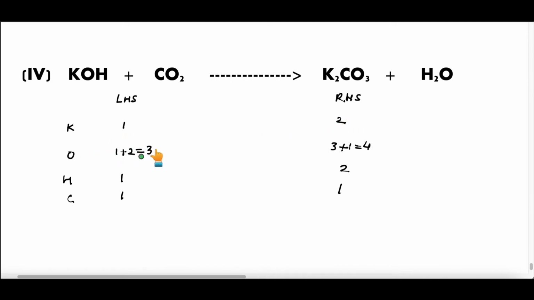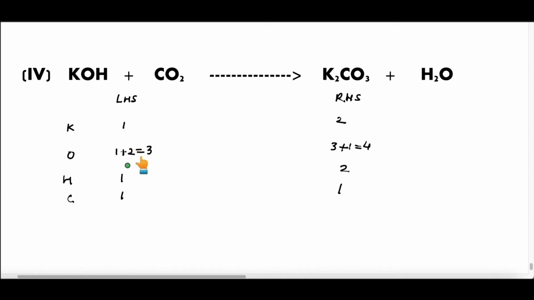Then we have 3 atoms of oxygen on the reactant side, 4 atoms of oxygen on the product side. Then 1 hydrogen atom on the reactant side and 2 hydrogen atoms on the product side. And lastly, 1 carbon atom on the reactant side and 1 carbon atom on the product side.